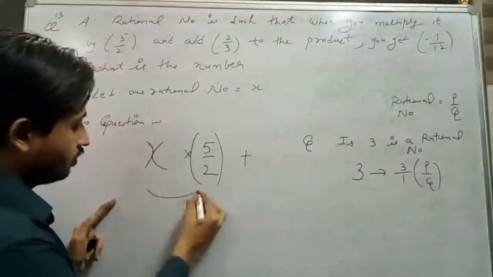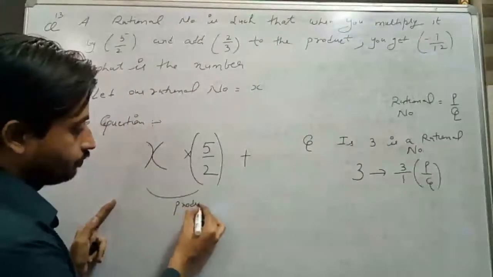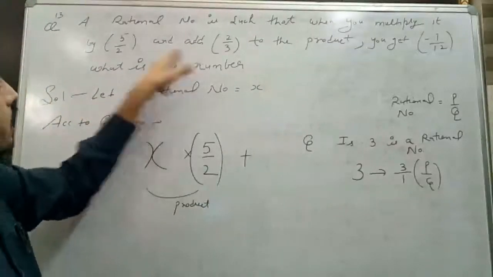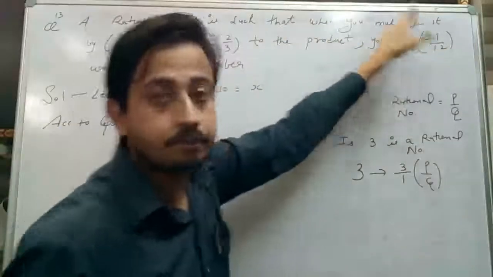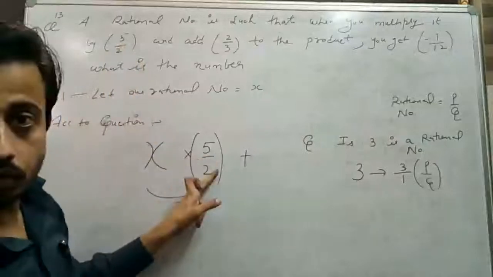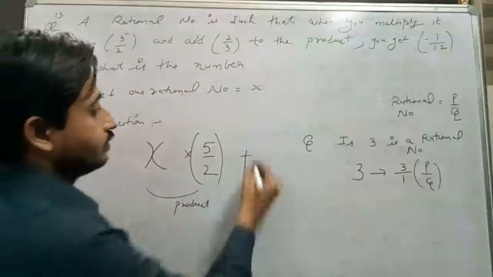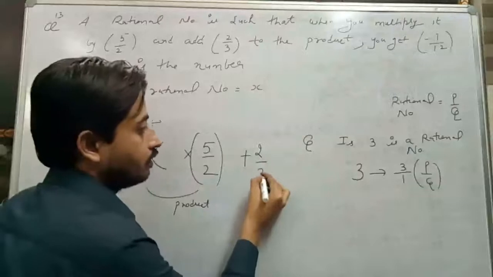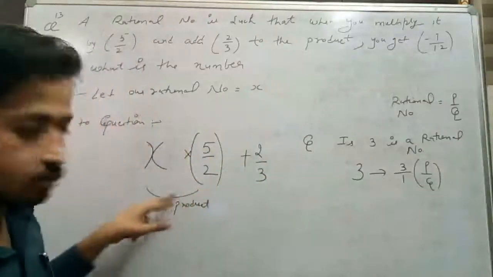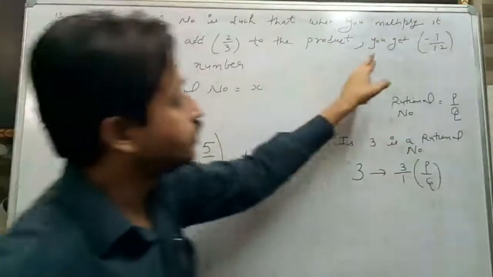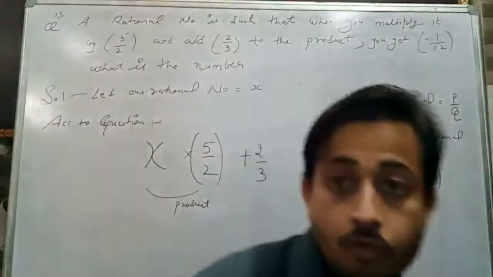This is your product. So we have to first multiply it by 5 by 2 and add 2 by 3 to this product. What do we get?